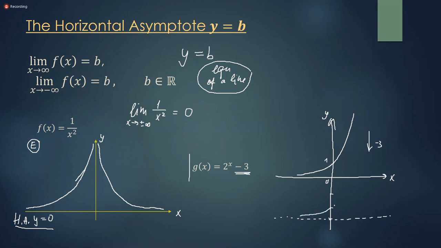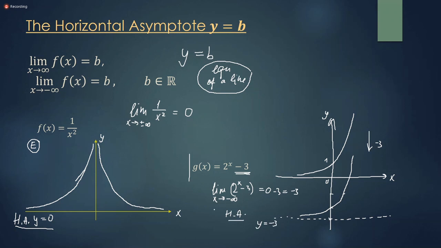If x is 1, then we have minus 1, so it would go something like this. And if we have a look at the limit when x tends to minus infinity, 2 to the minus infinity is 0, so it's minus 3. So the horizontal asymptote is y equals minus 3.